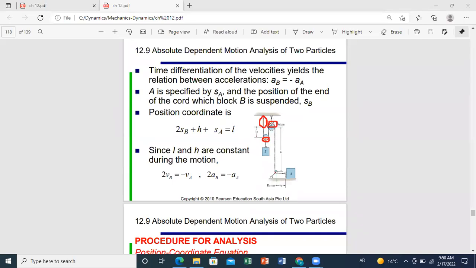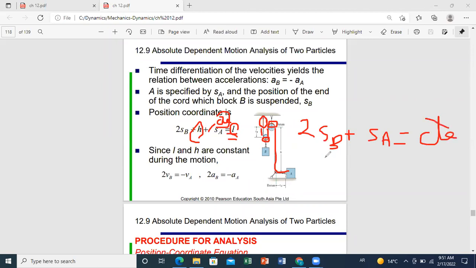They are not varying. This is why the total length of my cord is SA plus H plus the constant of all the red lines, plus 2 times SB, equals the total length. And you can now lump all constants, which are H, the red lines, and the total length together to say that 2SB plus SA is equal to a constant.